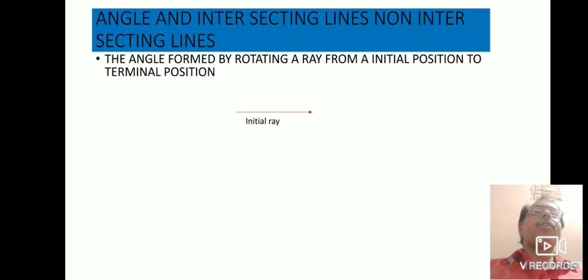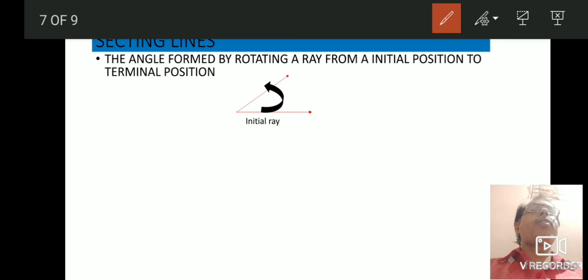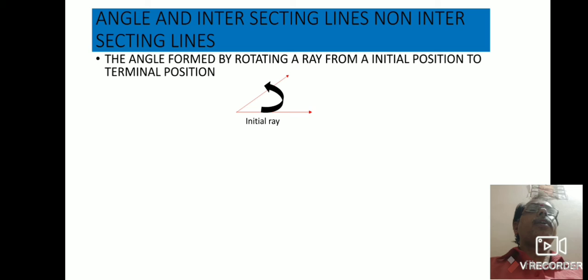This one is the initial ray and it rotates up to here. So it ends at this position, and that's why it is known as the terminal ray.